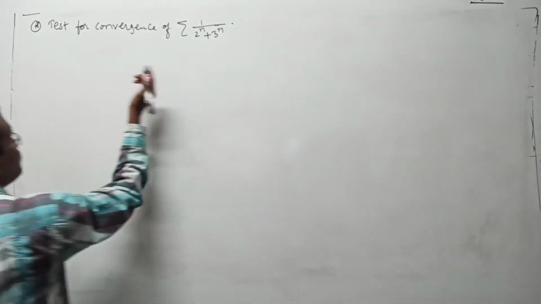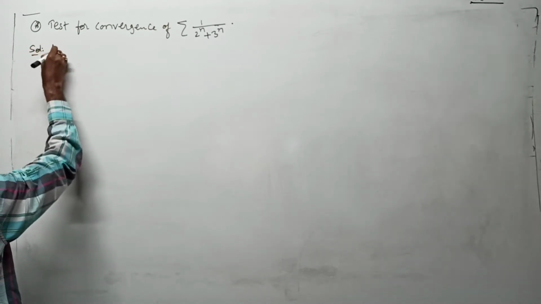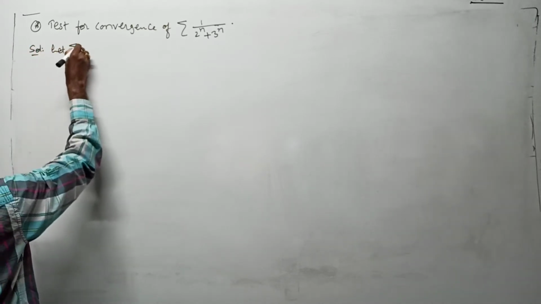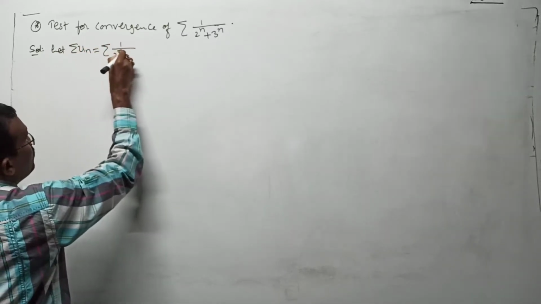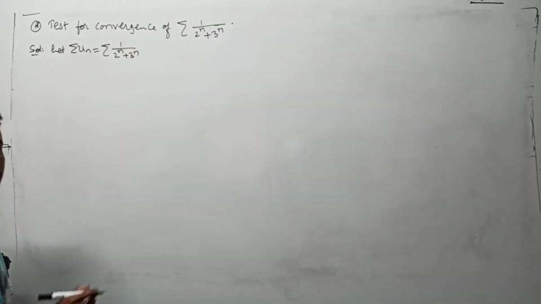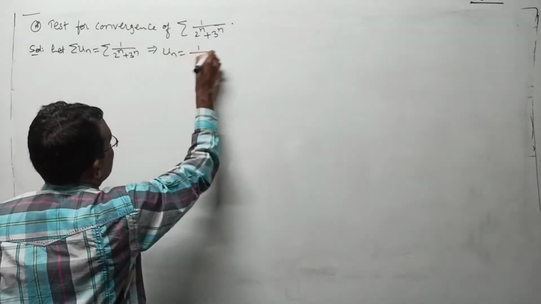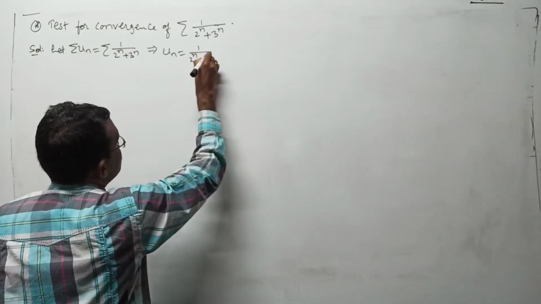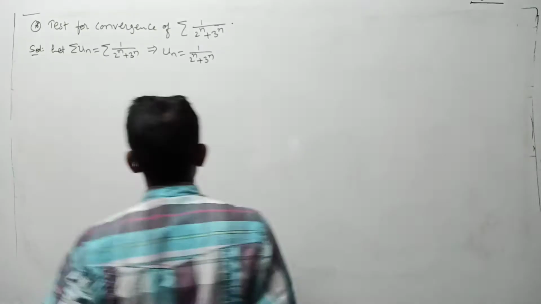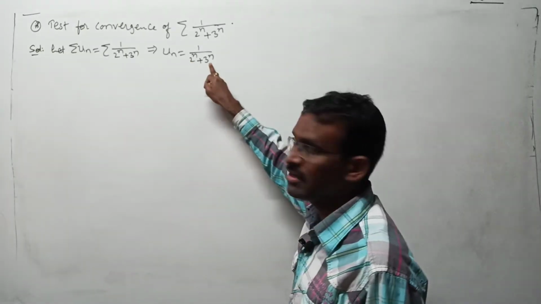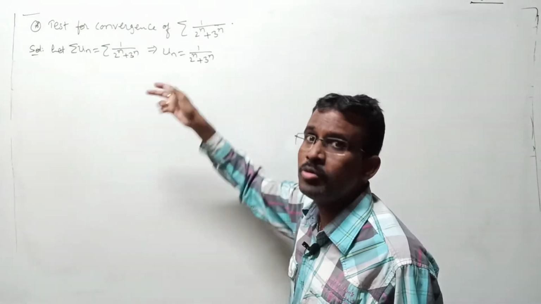Yes, it is the same as the previous questions. First take your given series as sigma un. Let sigma un be equal to sigma 1 by 2 power n plus 3 power n. This implies un is 1 by 2 power n plus 3 power n. Here, to choose Vn, if terms like this are available, the maximum base term under power n you have to take common.